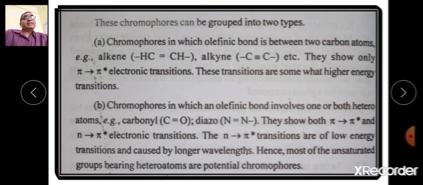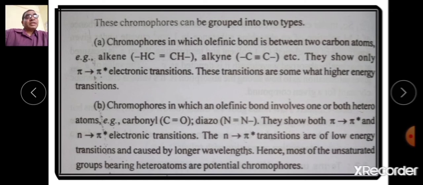The second variety of chromophores is one in which an olefinic bond involves one or both heteroatoms, for example the carbonyl group, where oxygen is different than carbon, and azo, N double bond N. Why do they show this? Of course, there are pi electrons, and also there are lone pairs, that is non-bonded electrons, and they show both pi to pi star and n to pi star electronic transitions.